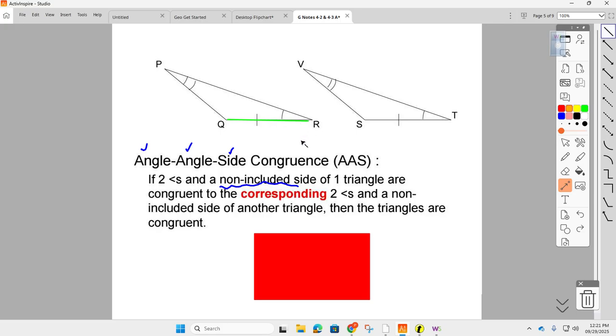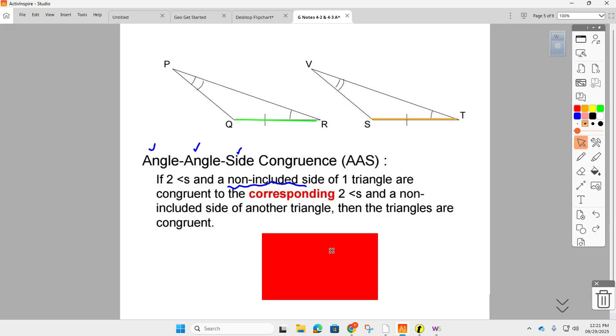It does not, right? That would be the included side, so this is a non-included side, okay? This would be the included side, this is a non-included side. So both are proof that the triangles are congruent, right? But this one has a non-included side, and that's fine, we just have to know the difference.